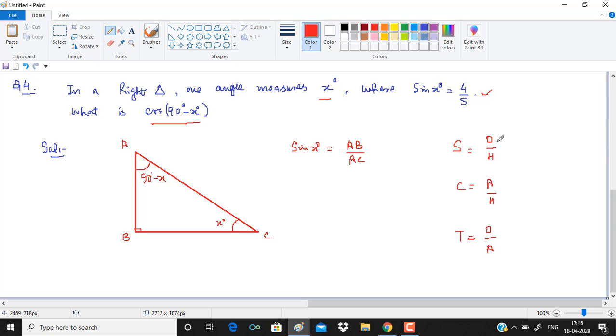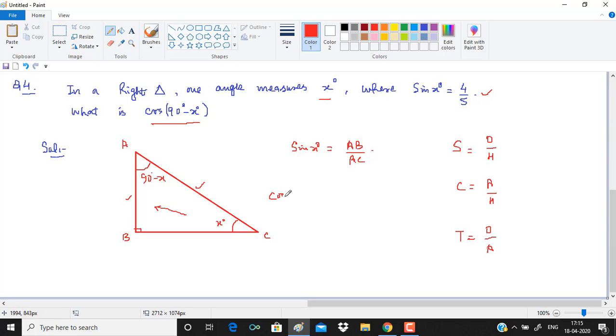Sine theta is opposite over hypotenuse, cosine is adjacent over hypotenuse, and tan theta is opposite over adjacent. So here sine x is opposite, that is AB, opposite to this angle x degrees over hypotenuse. So it is AB over AC and that is given as 4 over 5.